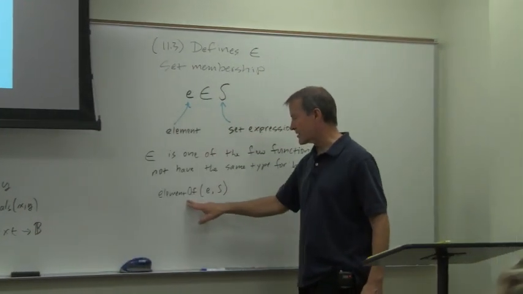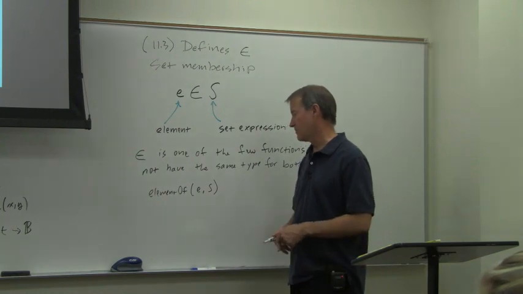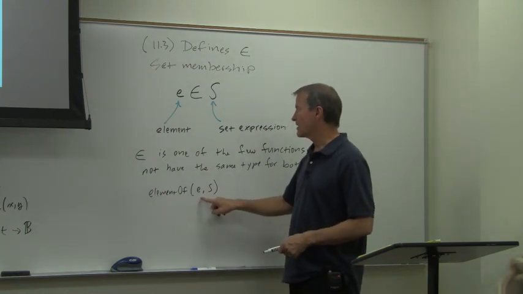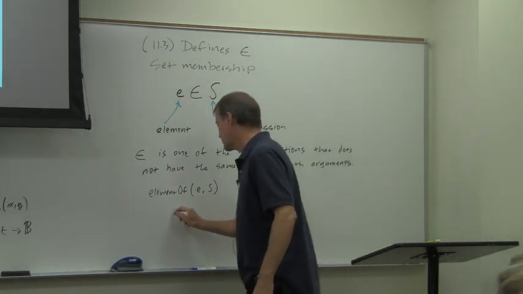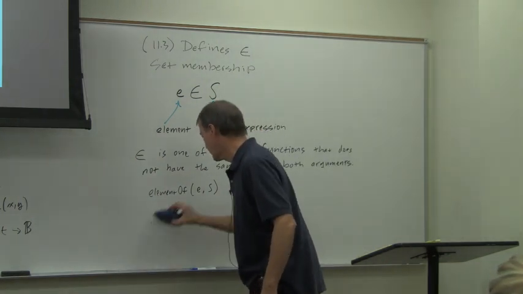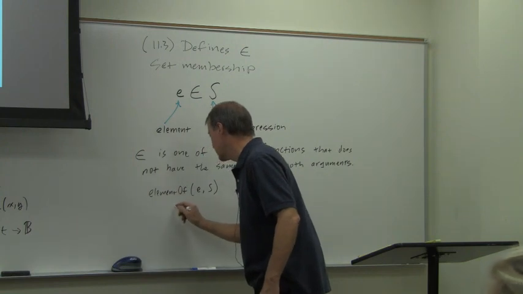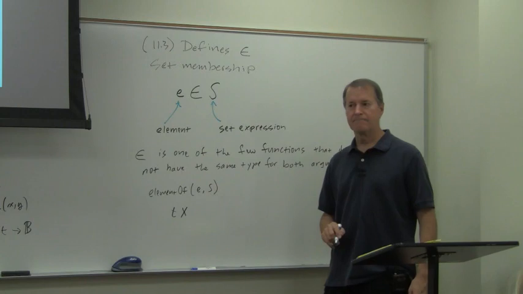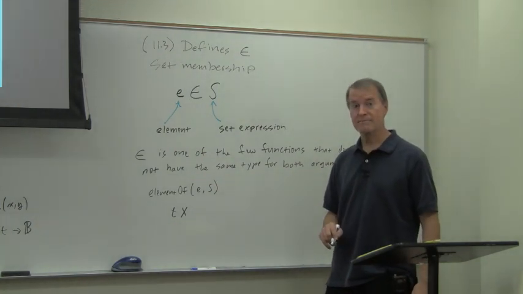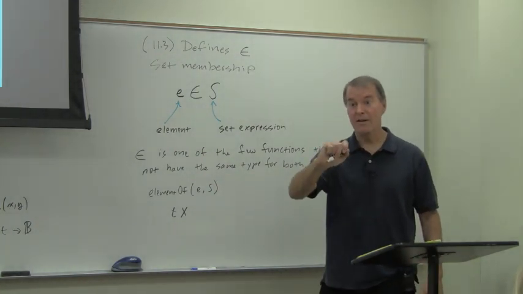What would the type of element of be? Suppose E has type T. It would be T cross what? The type of S. But what is the type of S? Set. Set what?